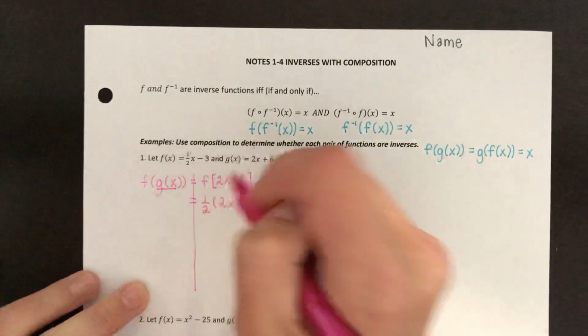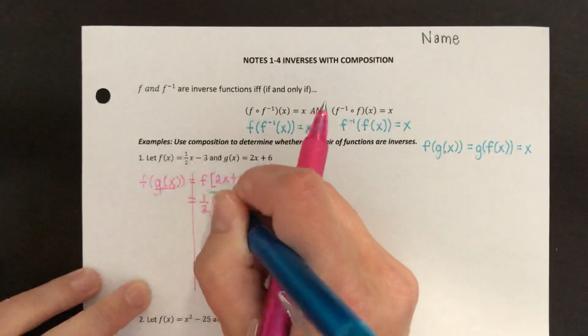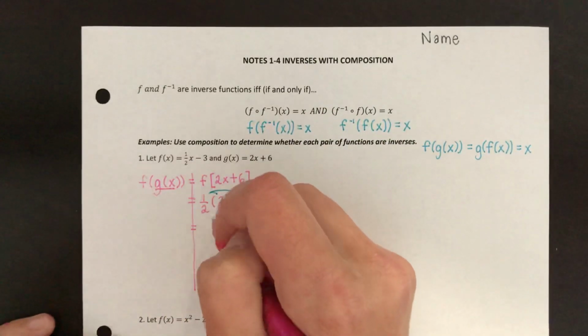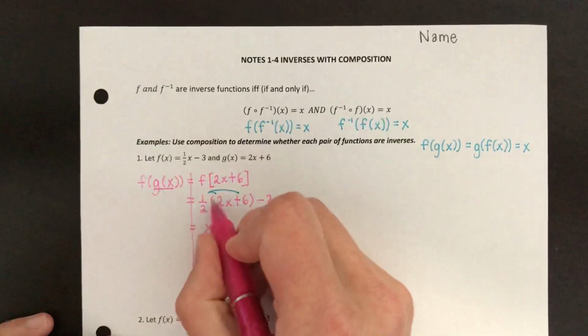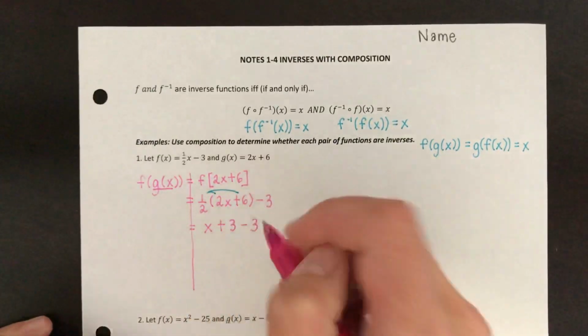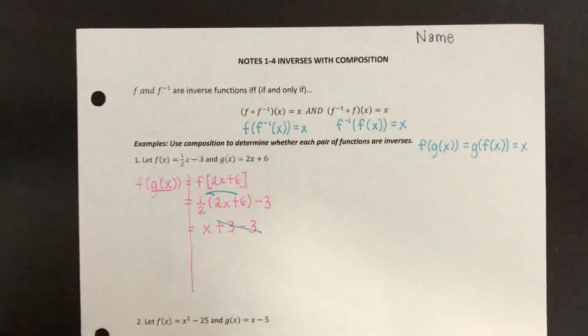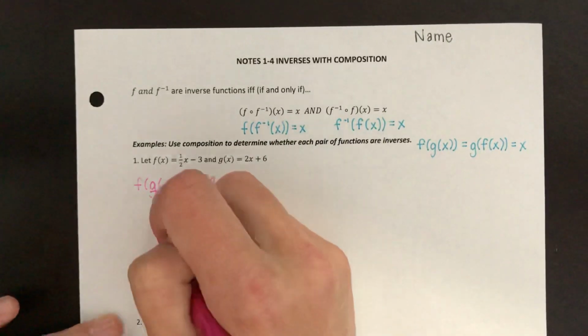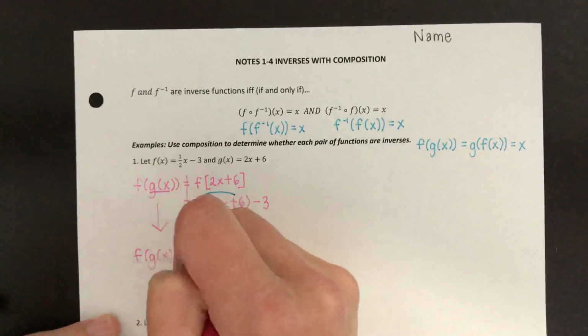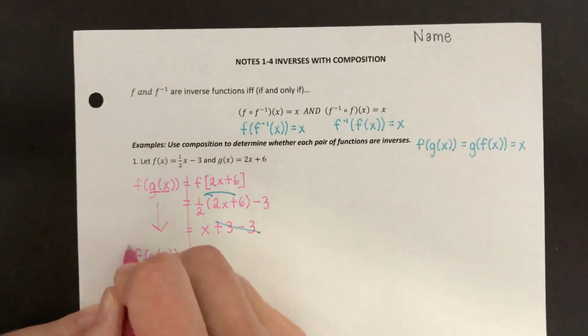And then I need to just simply compute this. Okay, so this would become 1/2 times 2 is 1, so that's just x. 1/2 times 6 is 3. So we have x plus 3 minus 3. Of course, that's 0. So f of g of x, of course, you would use proper notation and drag that down. F of g of x does equal x.